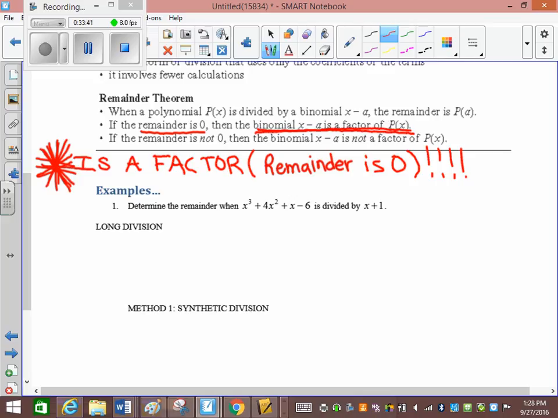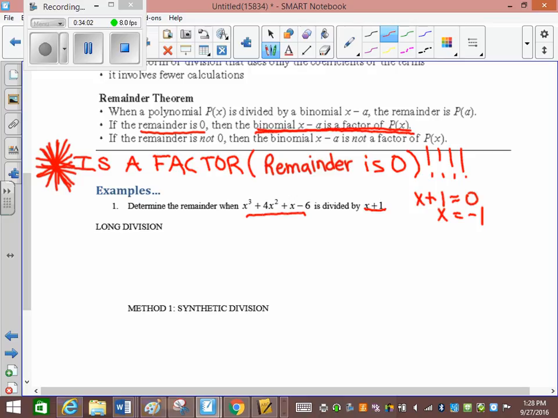Okay? So determine the remainder of this polynomial if it's divided by x plus 1. We don't use the factor, we use the root. So we just go x plus 1 equals 0. Move our 1 over, so x equals -1. And that's the value we plug in.